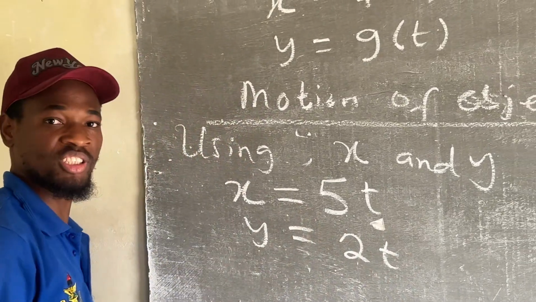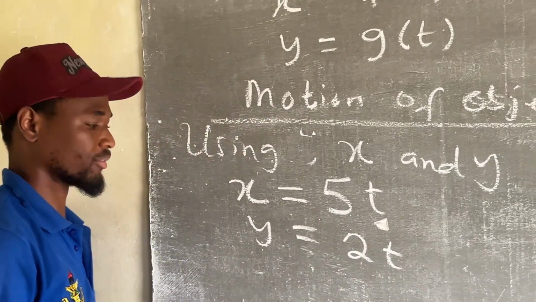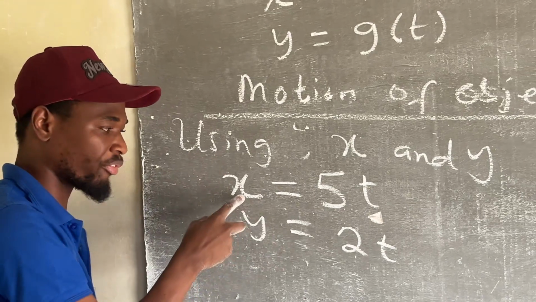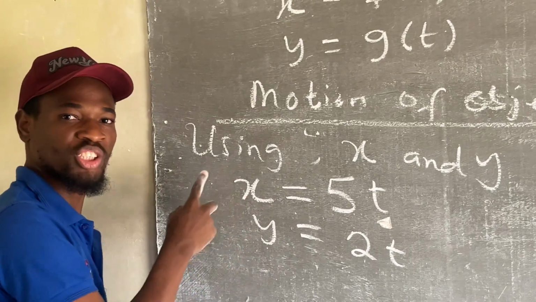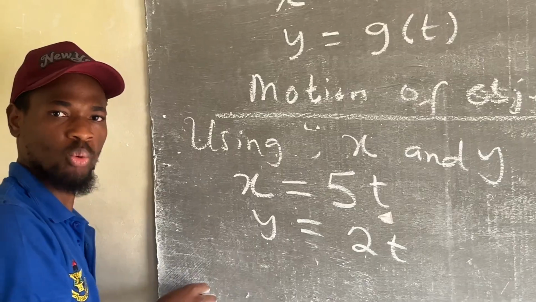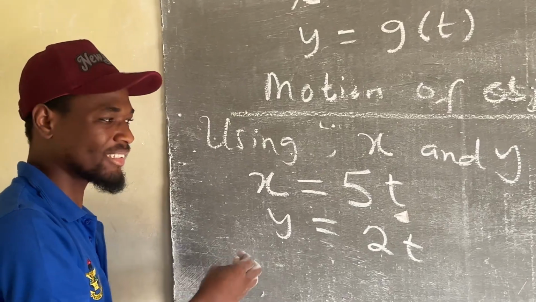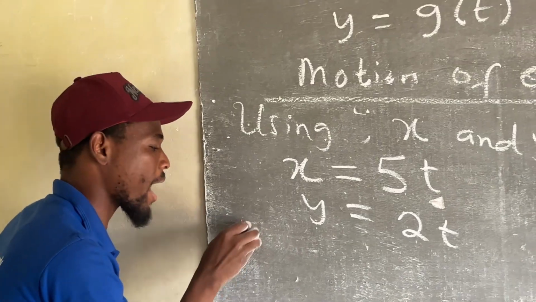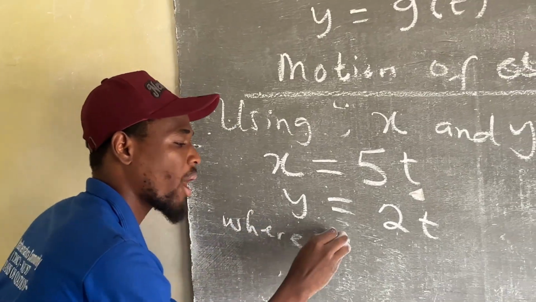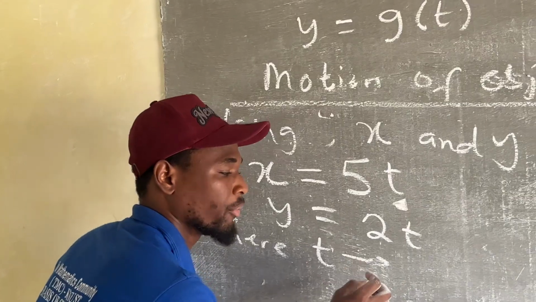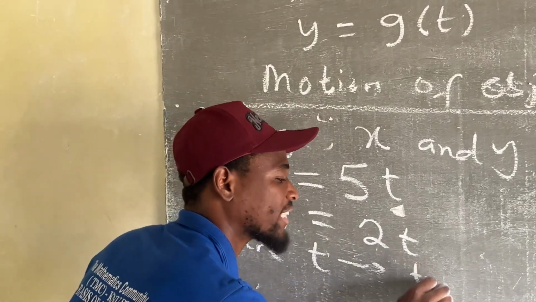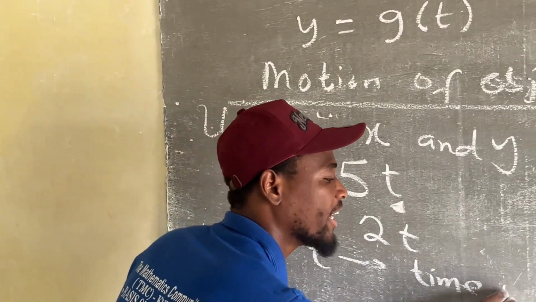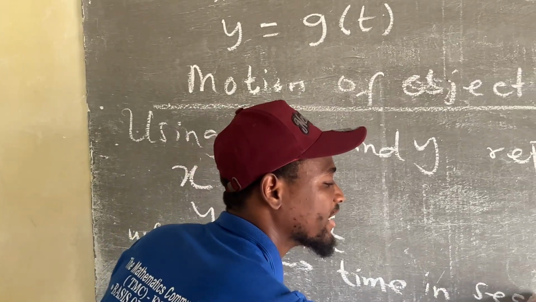Remember, they are positions, okay? So this is the position of the body at x and the position of that body at y. Now, let's see what happens. Let's say t represents your time, let's say in seconds.